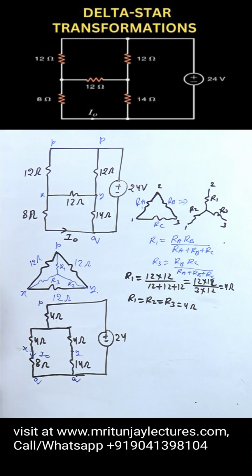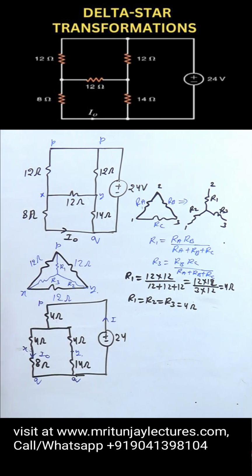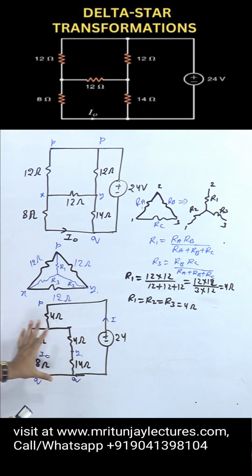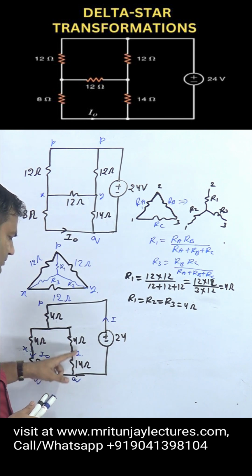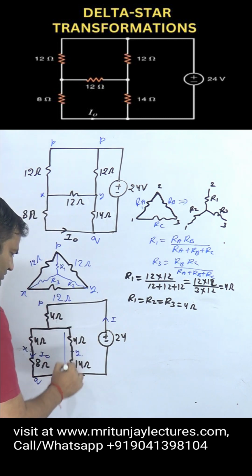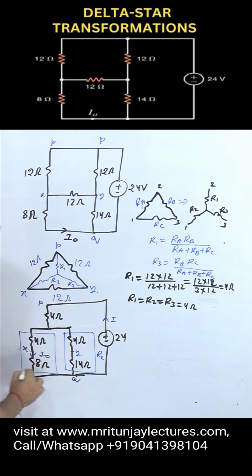First of all, if you see the circuit, suppose here is current I. These two, 4 and 8, are in series, and 4 and 14 are in series, and the combination of these two branches is parallel. 4 plus 8 is 12, 14 plus 4 is 18. So if this one is R2 and here we consider R1.